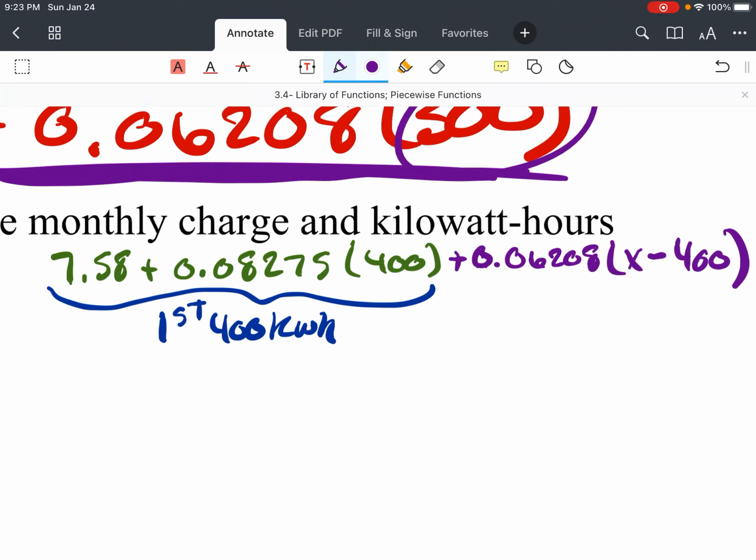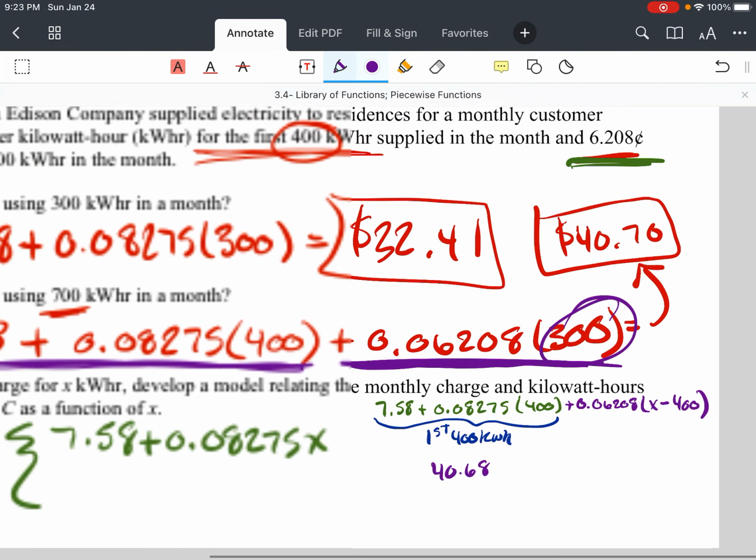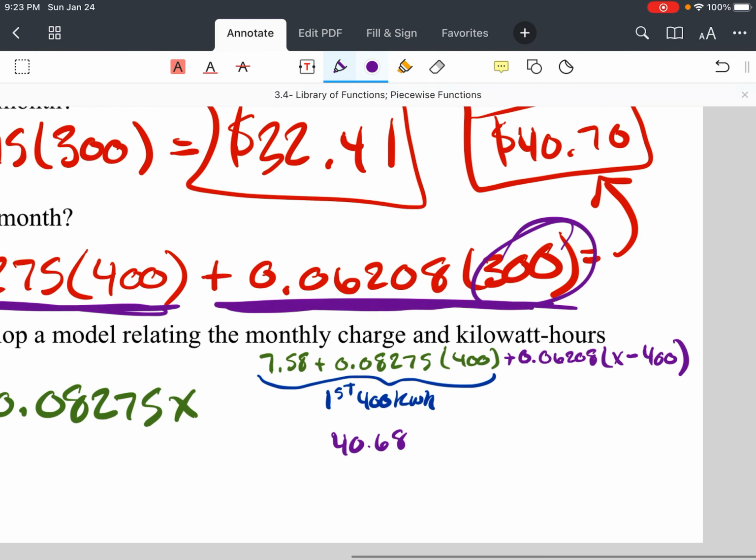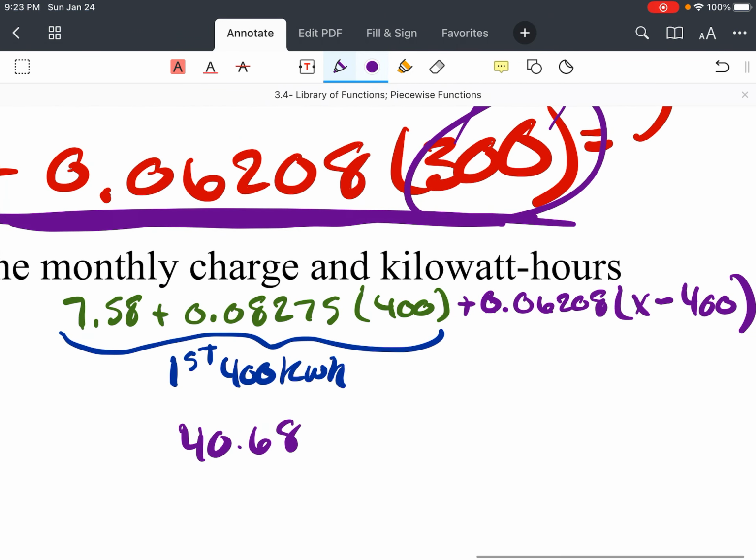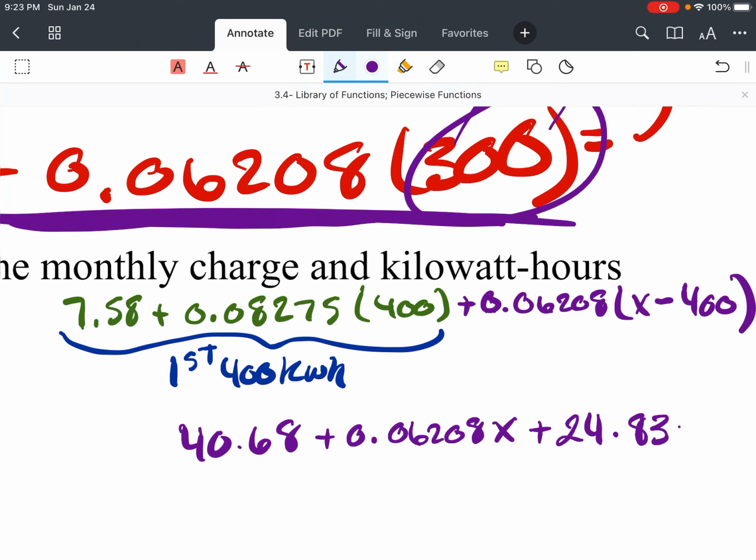All right, next, I'm going to simplify this. So, simplifying this, well, the first part, we know that the first 400 kilowatt hours is $40.68, plus 0.06208x minus $24.80.